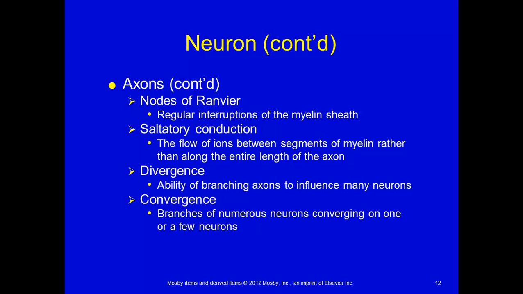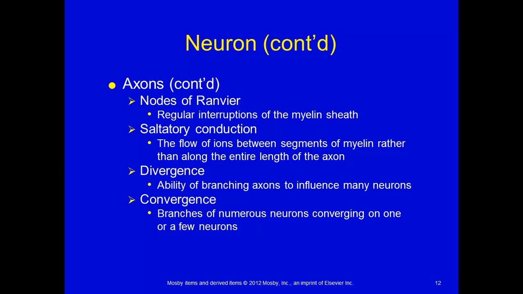The axon innervates several different neurons instead of just one neuron impacting one neuron. That is called divergence. So this, talking to three neurons, is called divergence.